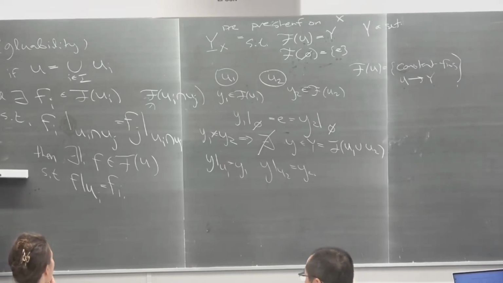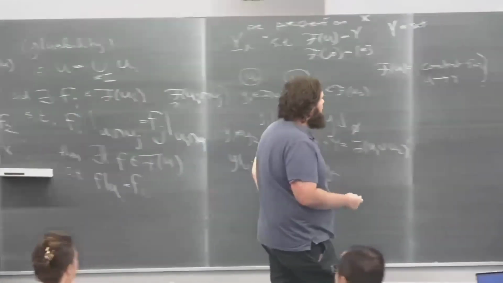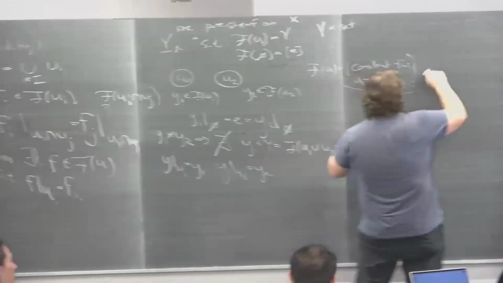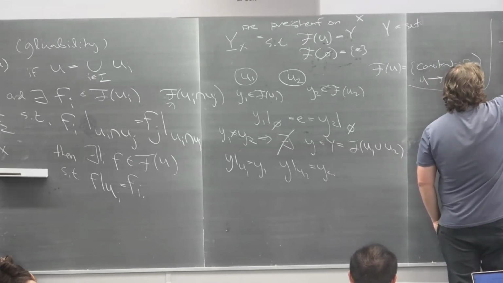Okay. Let me skip that for a moment. So I've given you two examples of things which aren't sheaves. Maybe I should give some examples of things which are sheaves. So I can fix this guy by defining what we call the constant sheaf.